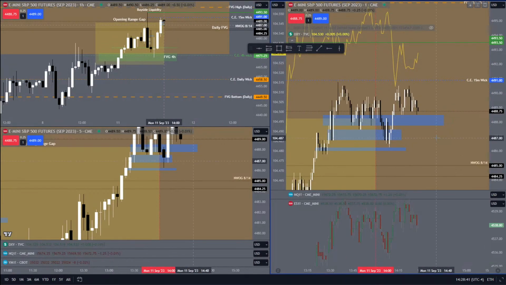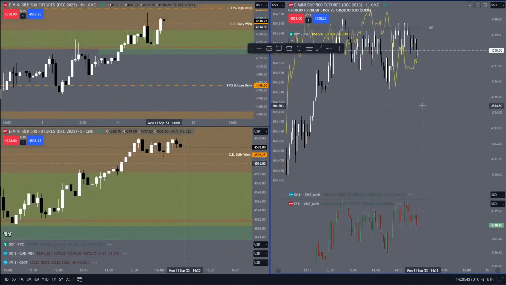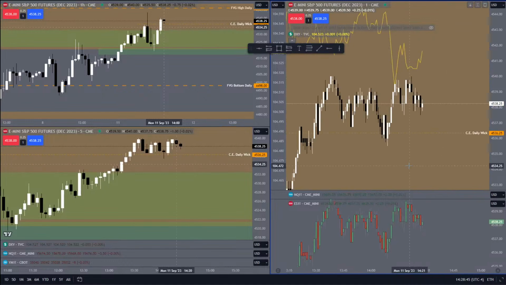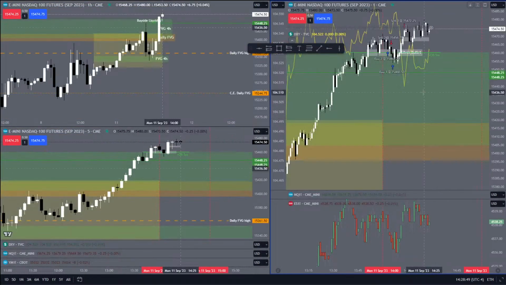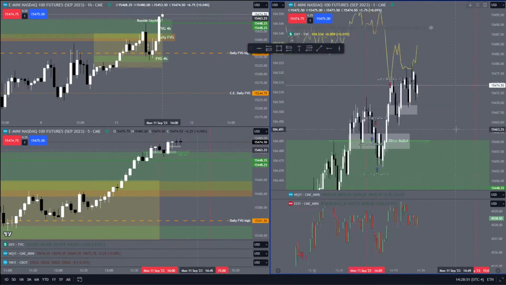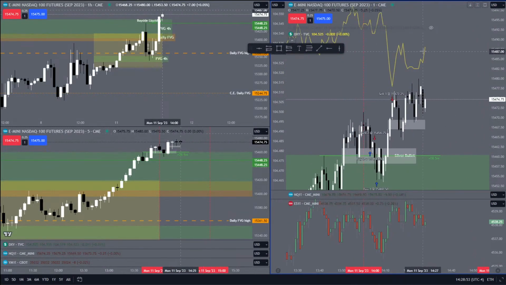It's not the best. Again, this is probably just pre-CPI chop. Okay, so the dollar looks like it's coming up for this high.